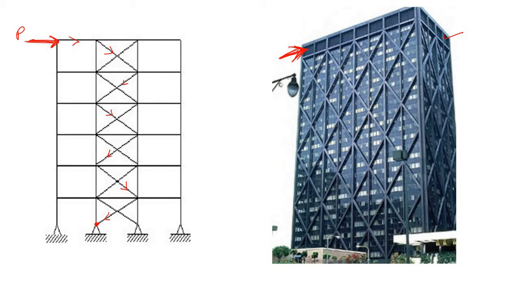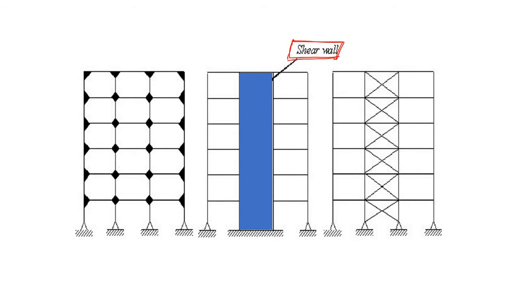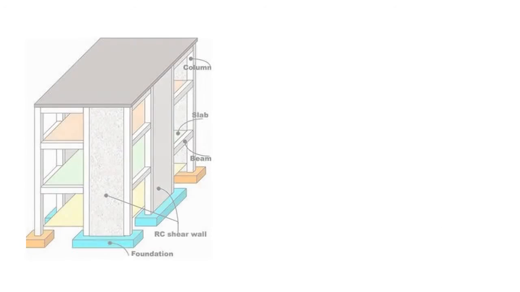Now what about the concrete structure? When we have a concrete RC frame, a reinforced concrete frame structure, we cannot normally use this type of moment connection or this type of bracing connection. Now who is going to take the lateral load? Of course, in that case we have to use the shear wall.